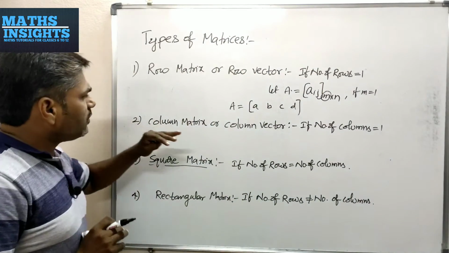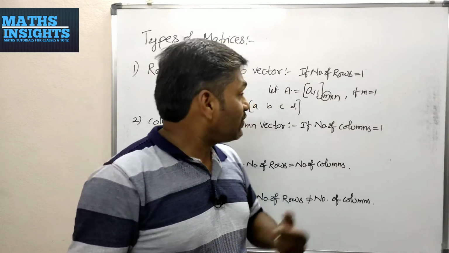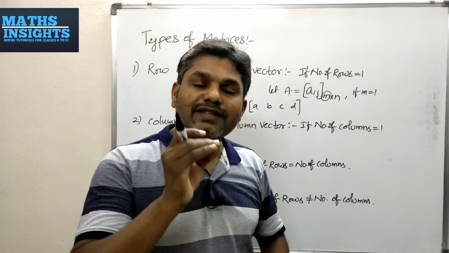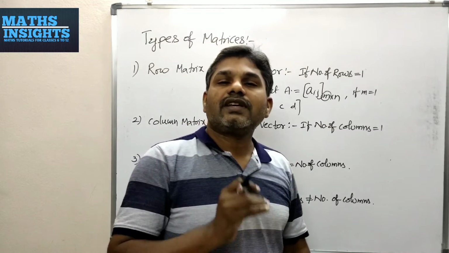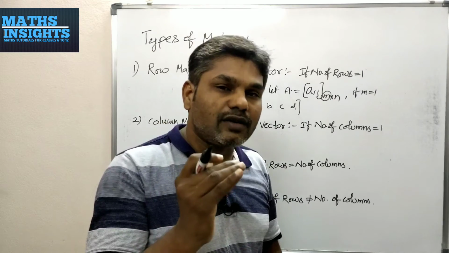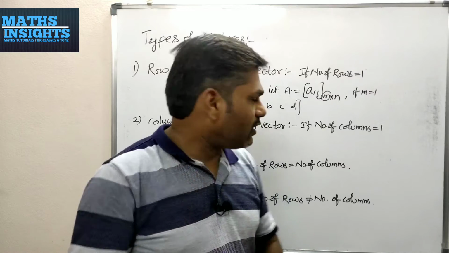Coming to column matrix or column vector. Similarly, whatever you learned as row matrix, a column matrix is a matrix which has only one column. If there is only one column and whatever the number of rows, that is said to be a column matrix.